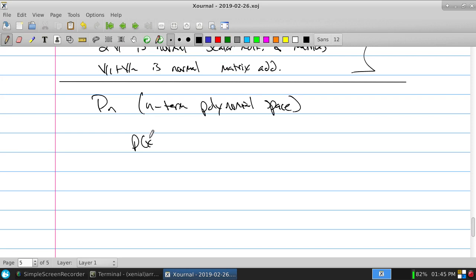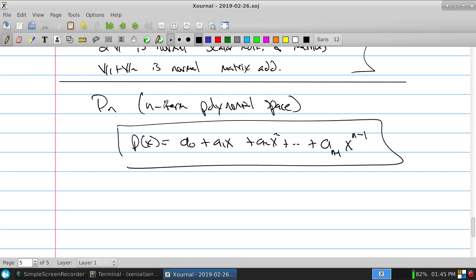A polynomial that has n terms would start off at, say, a0 plus a1x plus a2x squared plus, how high do I go? x to the n minus 1. Because what's my lowest? x to the 0, and then x to the 1, x to the 2. You go up to the x to the n minus 1 degree. And so this would be a sample object of n-term polynomial space.